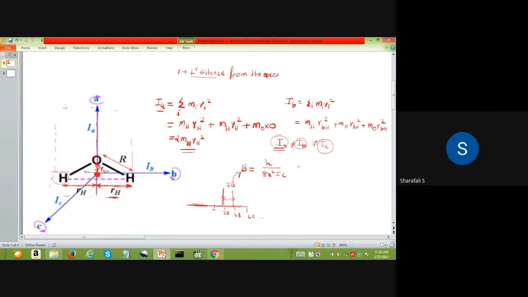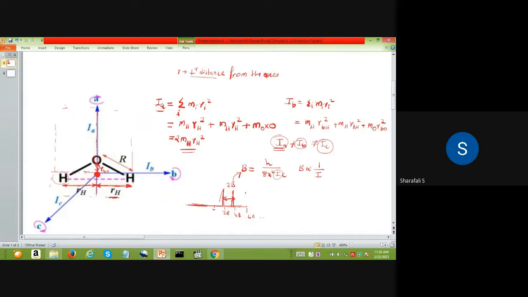And that B is inversely proportional to your moment of inertia I. So if you are having different moment of inertia, then you will get different spectral width at the output when you are providing some microwave spectroscopy. If the molecule is rotating, it will emit some microwaves, and those microwaves will be displayed in this kind of fashion.